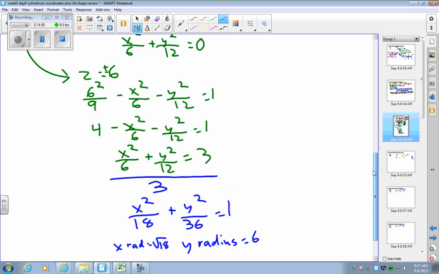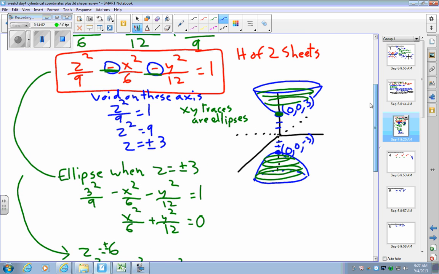And you could go up here, and you could say at level 6, 3, 4, 5, 6. You could plot that specific ellipse, which again was x squared over 18 plus y squared over 36 equals 1.